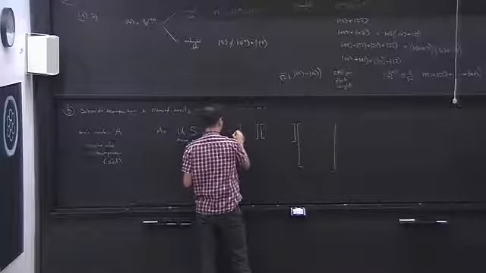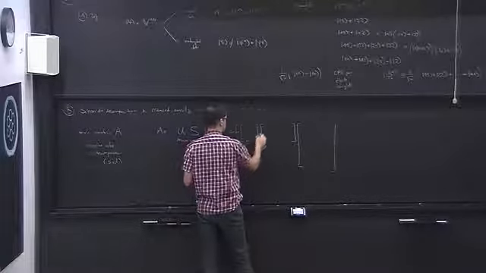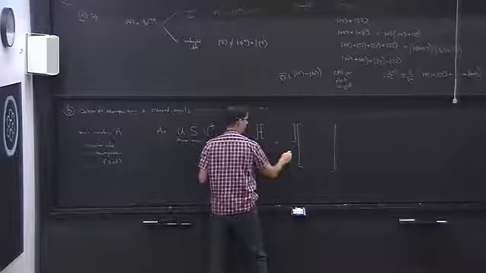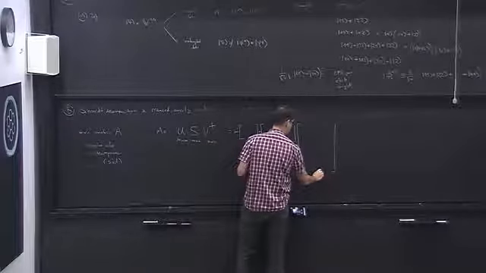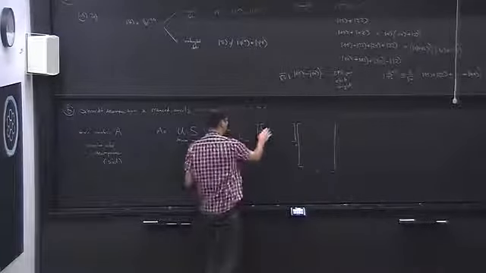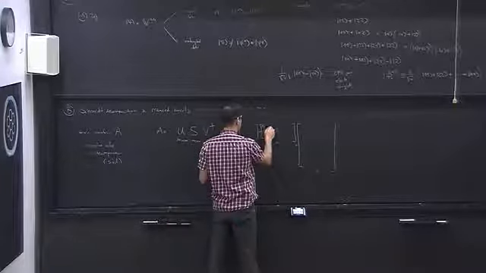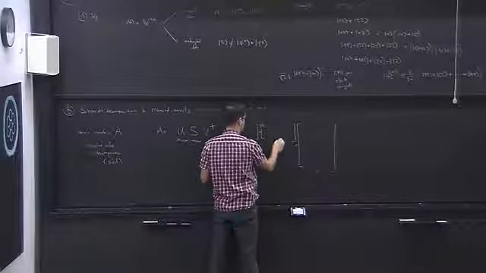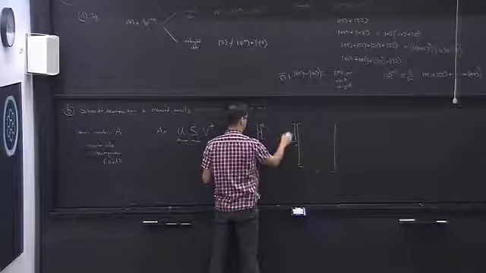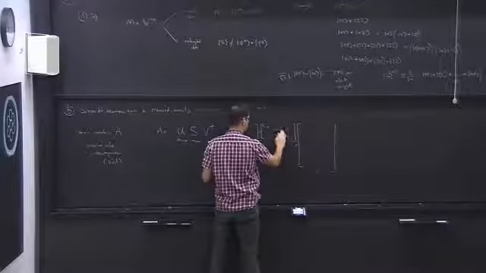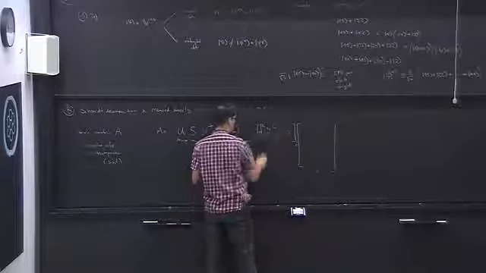So this is m times n. This is m times n, and this is n times n. And this matrix is going to be diagonal, and it will have some positive entries in the diagonal.